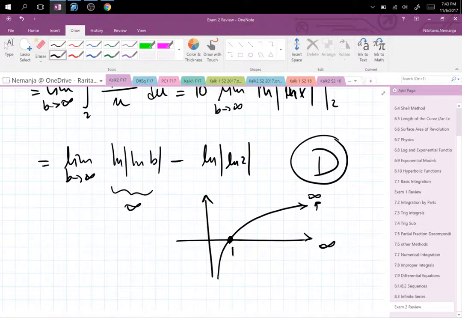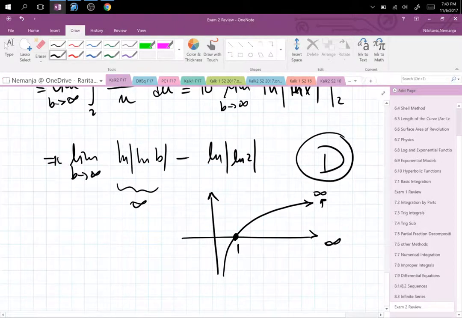I'm just calculating, ln of 2 is 0.3665. So infinity minus that number. What is the 10? Times 10 doesn't matter, right? Times infinity. So yeah, 10 should be there. It would be minus 1, right?